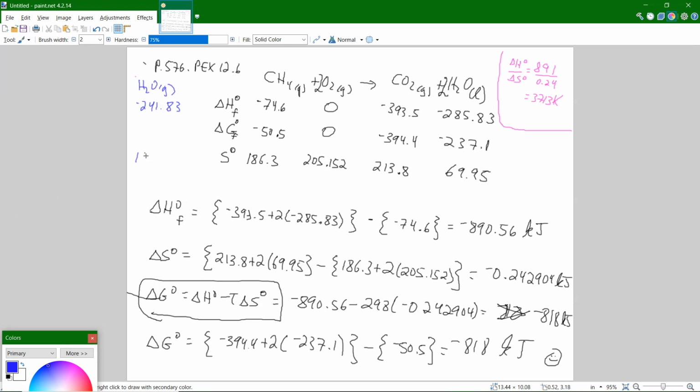So for my delta H naught, I'm just going to substitute in, instead of minus 285.83, minus 241.83. So I'm going to take 393.5 negative plus 2 times 241.83 negative plus 74.6, right, minus a minus, and I got minus 802.56.